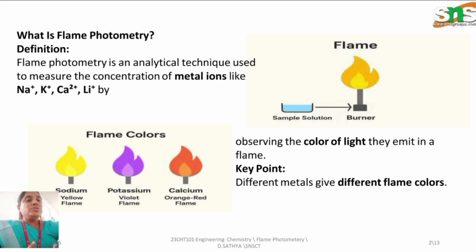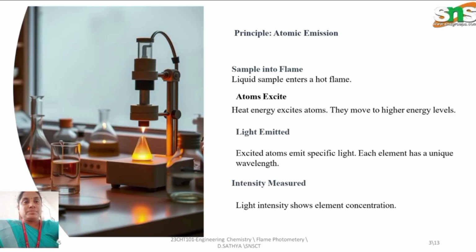The sample solution is introduced using the burner, and the flame emits light. We see the flame color, and from the color present we can identify which metal ions are present in the solution. Different metals give different flame colors.